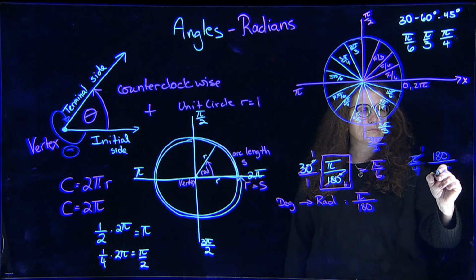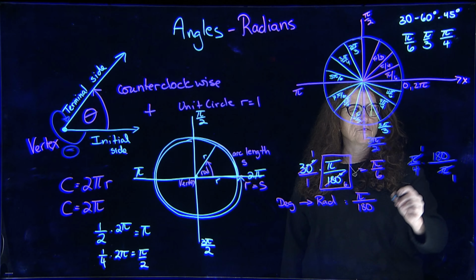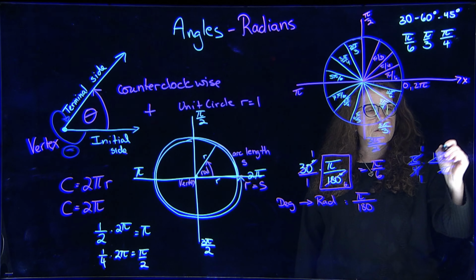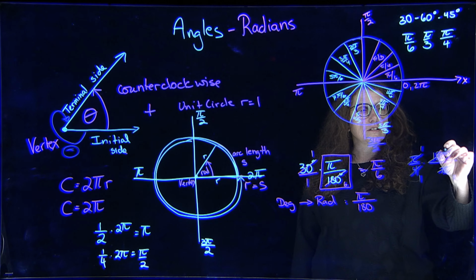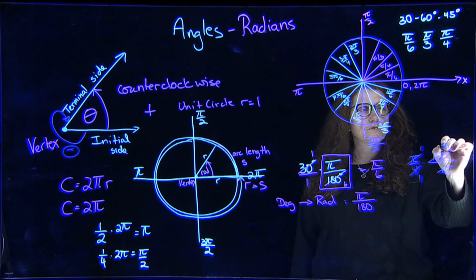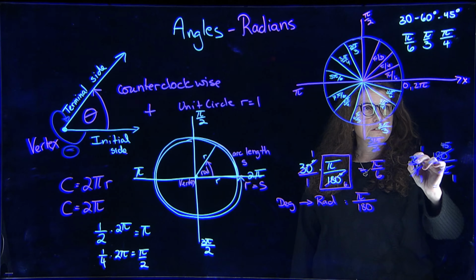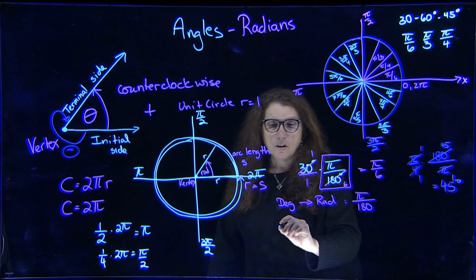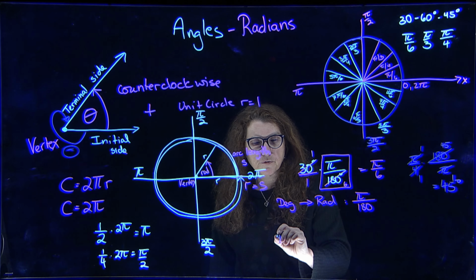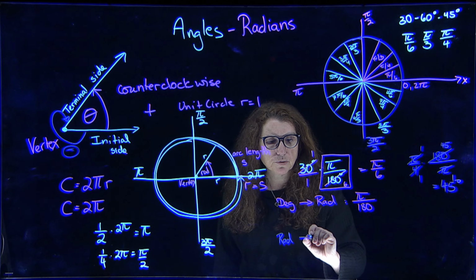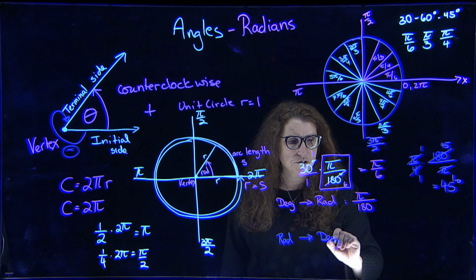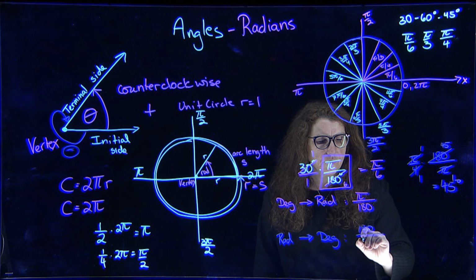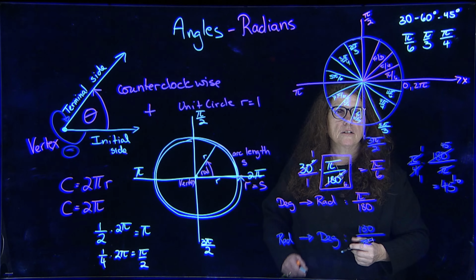I can reduce my pi's, and I can now reduce: 4 goes into 4 one time, and into 180 it goes 45 times. So the answer here, pi over 4, is 45 degrees. So my general conversion rate from radians to degrees is just the reciprocal, 180 divided by pi.